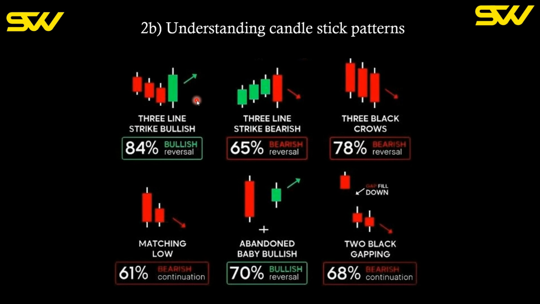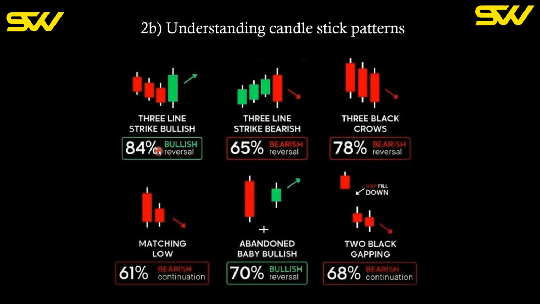This pattern here we call the three line strike bullish candlestick pattern. What it means is that when you see these three red candles coming down at almost the same size, and the fourth candle is a green candle which is taller than the three candlesticks combined, this is what we call a three line strike bullish. When you see it, you expect that the next candle should be a green candlestick. It will help you make a better decision whether you want to place a long or short position.